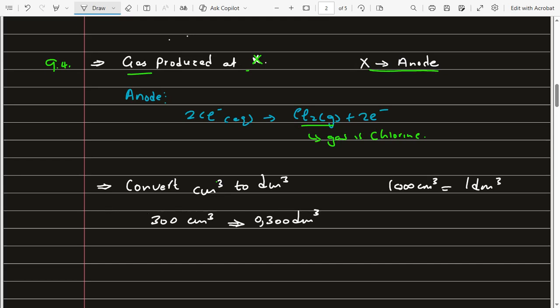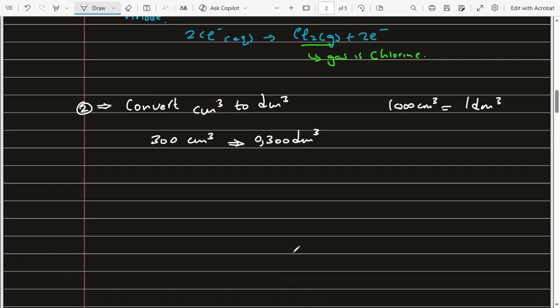So now that you have the volume, this is step 1. We identify the gas that is produced at X. Step 2, we convert it from centimeter to decimeter. Now, step number 3, I want you to calculate the moles of the chlorine gas that is produced.